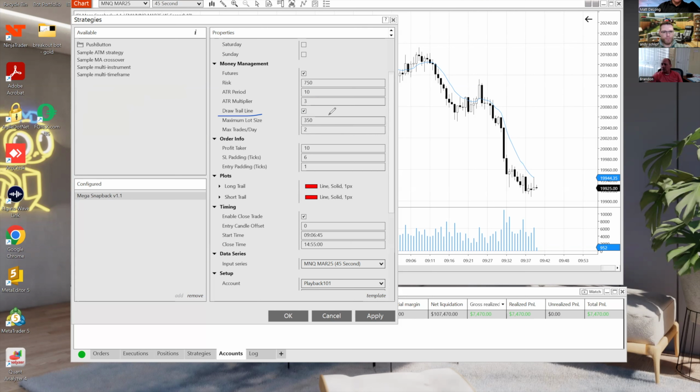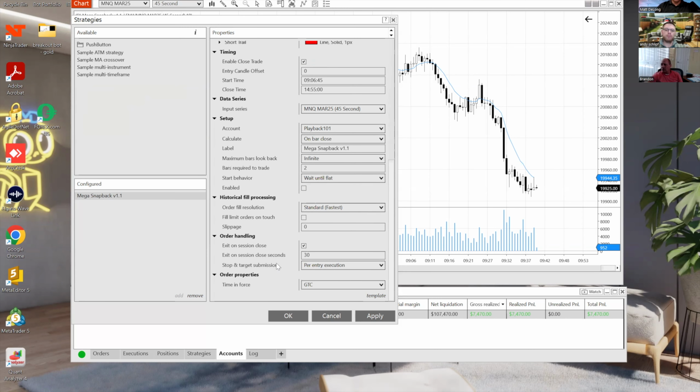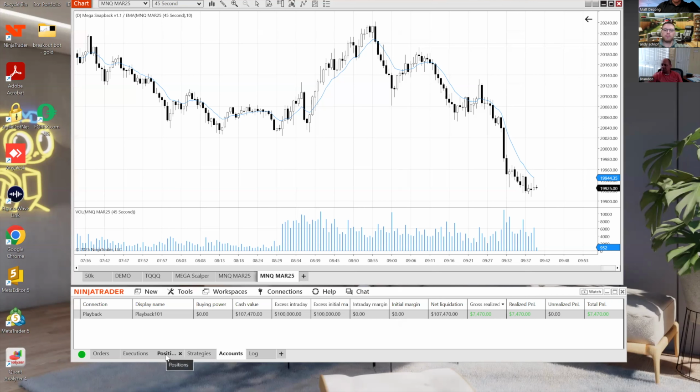And your profit taker has to be usually greater than about 3 to even see it show up on the chart. Otherwise, your trailing stop's too small. You wouldn't see it really kick in. You wouldn't see it on the chart enough to see that kick in. Make sense? Questions on that?